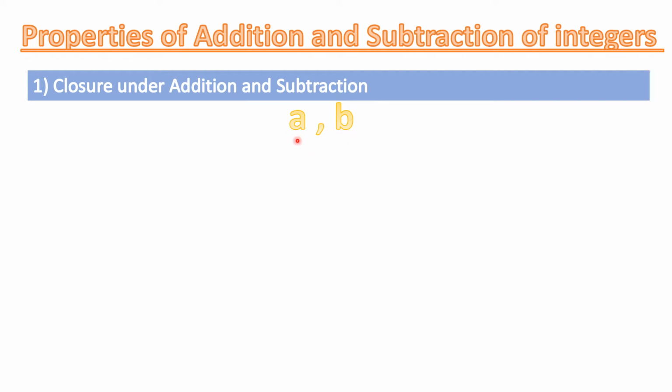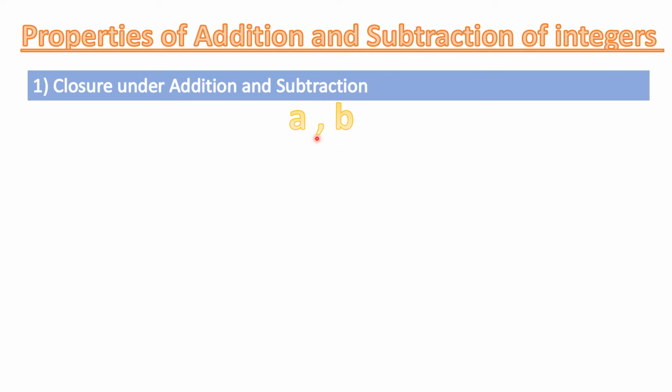Why do we represent numbers using these letters? Because we can substitute any number in place of this a and any number in place of this b, any integer, right? So generally we take it as a and b, but these are actually integers. For example, a can be 1, b can be 2, a can be minus 30, b can be 49, any number, right? So that is why we take a, b generally.